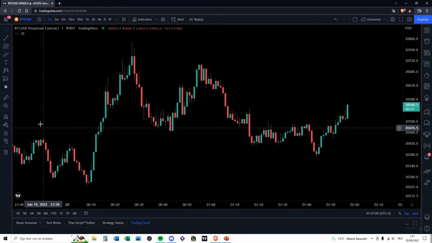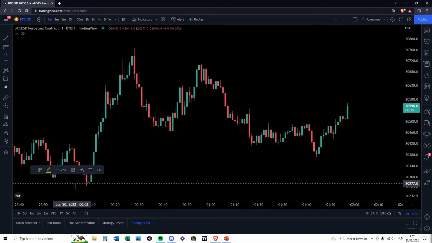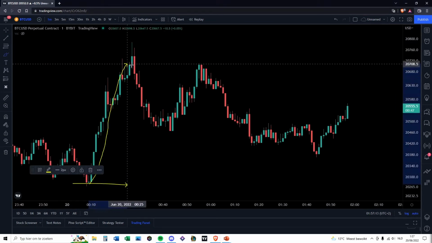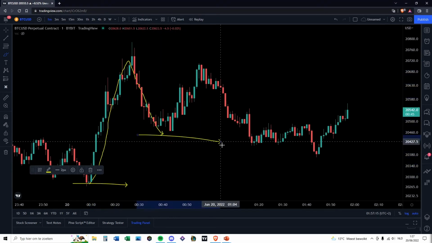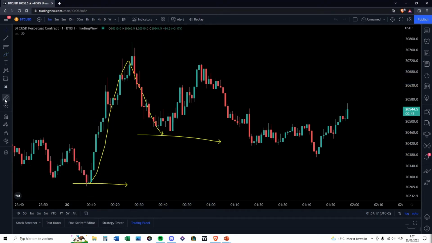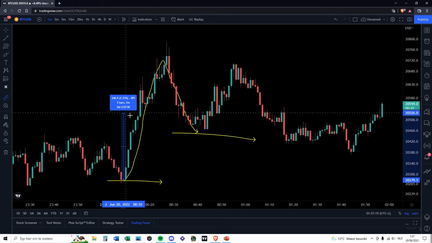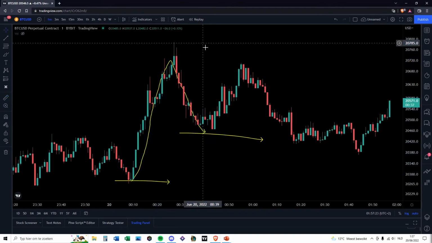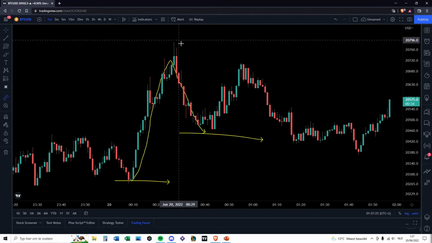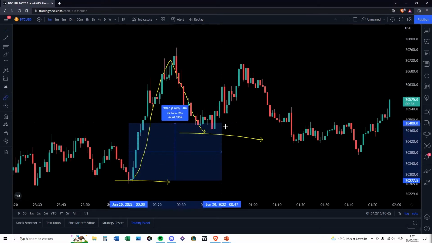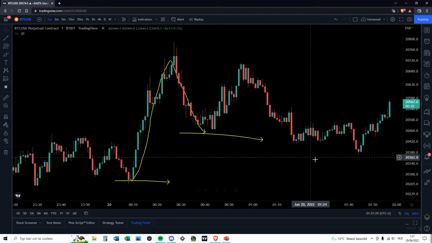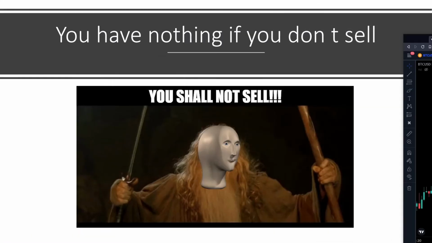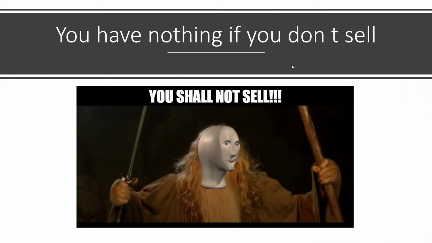So if you perhaps want to play the bottom, you went in here and it went back down like this. So you would have had a trade of like 2.5% plus margin if you use margin. It went to 1%. So basically you lost 1.5% because you did not sell.